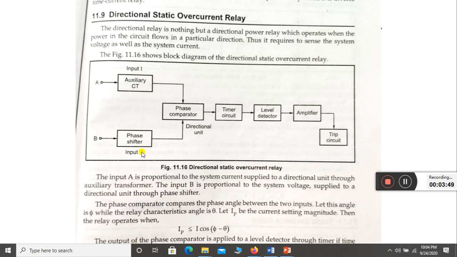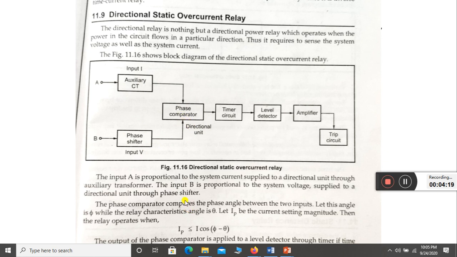So this is the voltage input supplied through the phase shifter, and this is the current input supplied from the auxiliary CT to the directional unit. The phase shifter shifts the phase between the two quantities, and the phase difference is measured by the phase comparator.